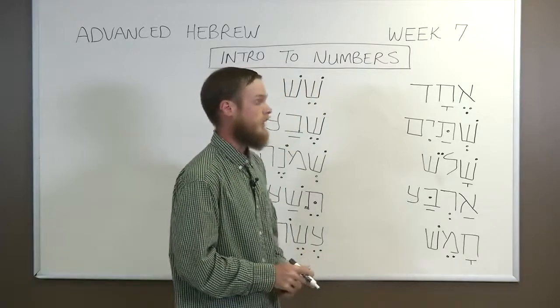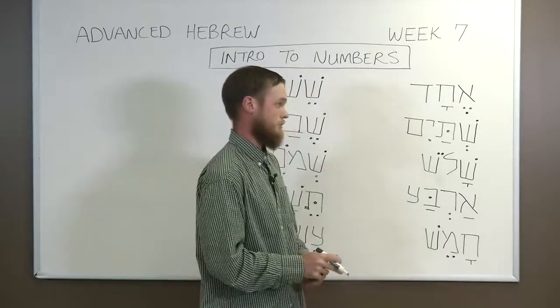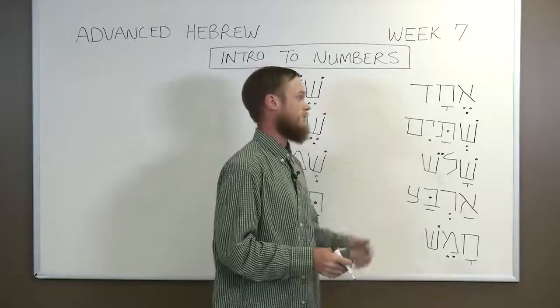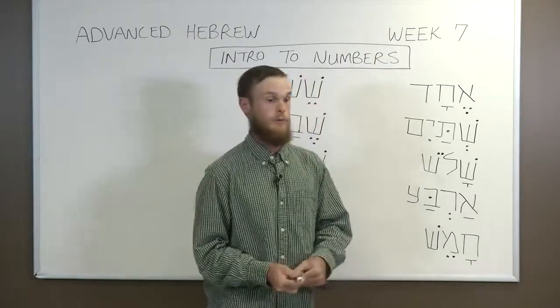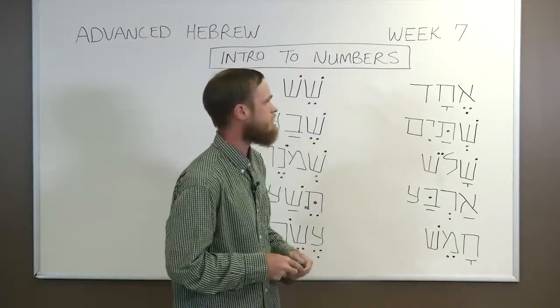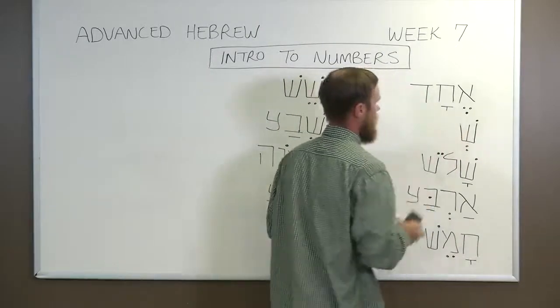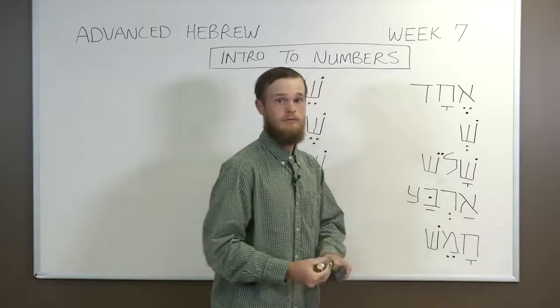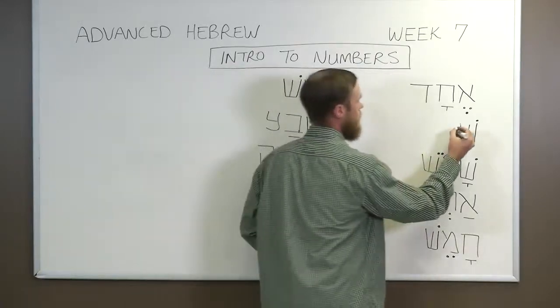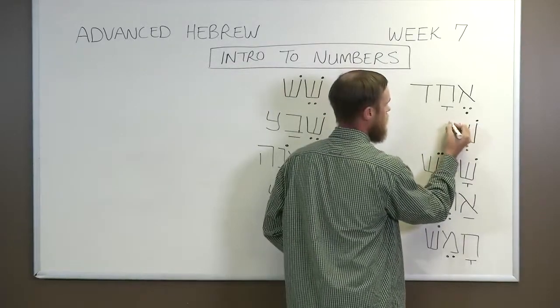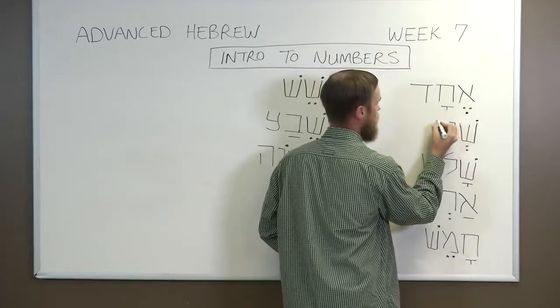Anashim shenayim, nashim shetayim. Okay, so shetayim is the feminine form of the number 2. Okay, so pretty straightforward so far. We can't help but match the number.